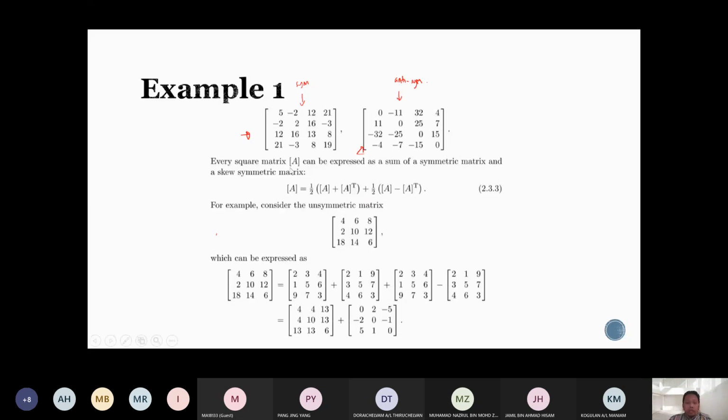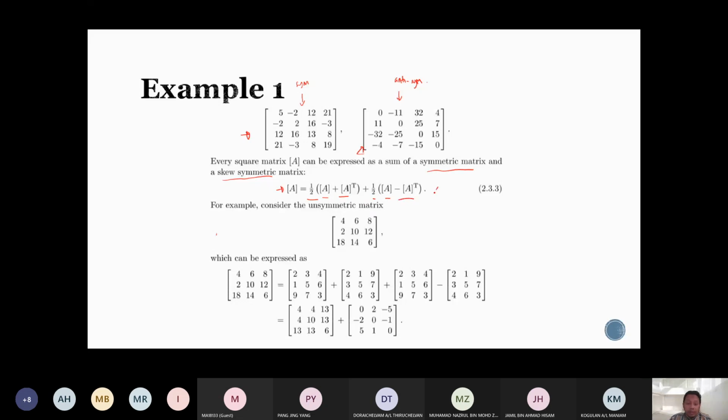Every square matrix A can be expressed as a sum of a symmetric matrix and a skew symmetric matrix. So a matrix A can be expressed as 1/2 times (A plus A transpose) plus 1/2 times (A minus A transpose).